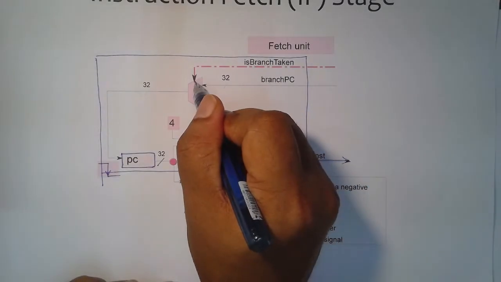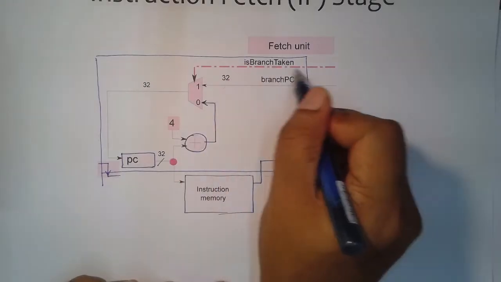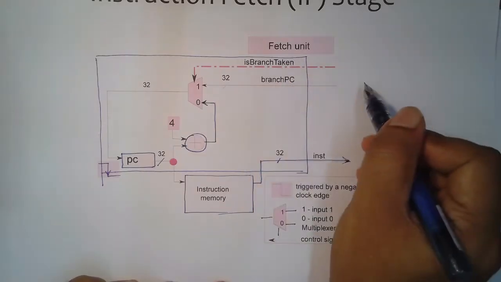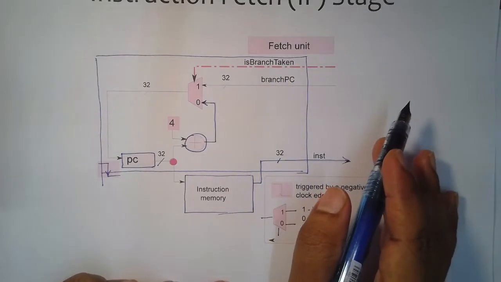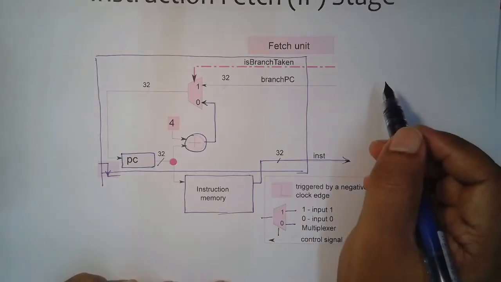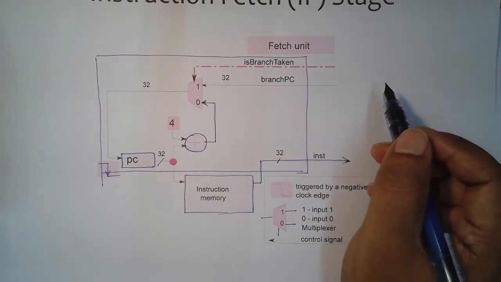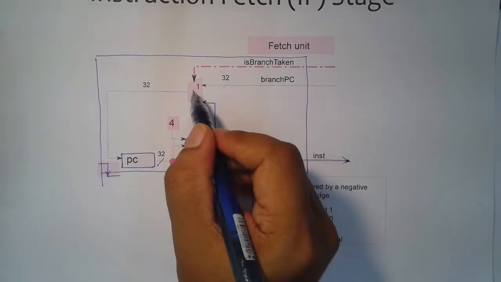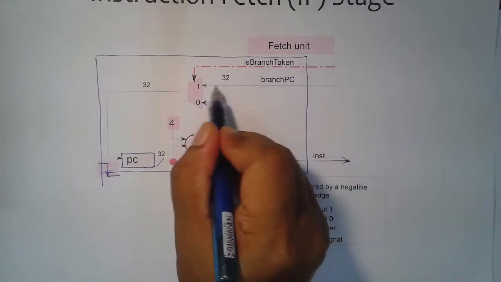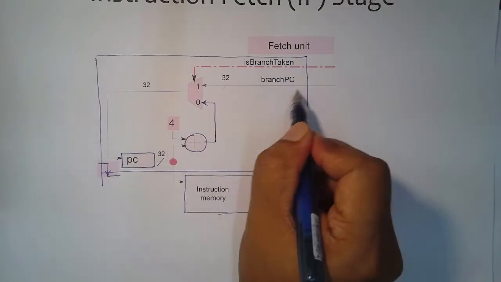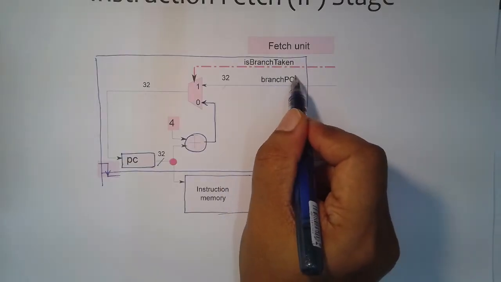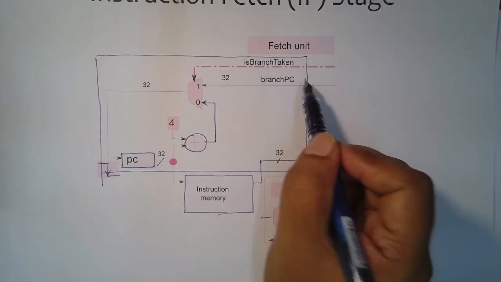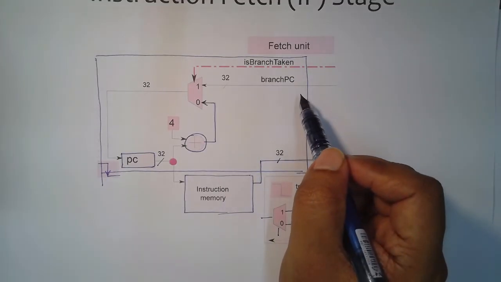It has a control signal which is basically looking for this condition, is branch taken. We have not discussed the control unit, but there is a control unit which is looking at everything, and it is enabling this signal whether the branch is taken or not taken. And if the branch is taken, then you take this new PC which is calculated differently, maybe from the offset, or maybe some instruction has already given.